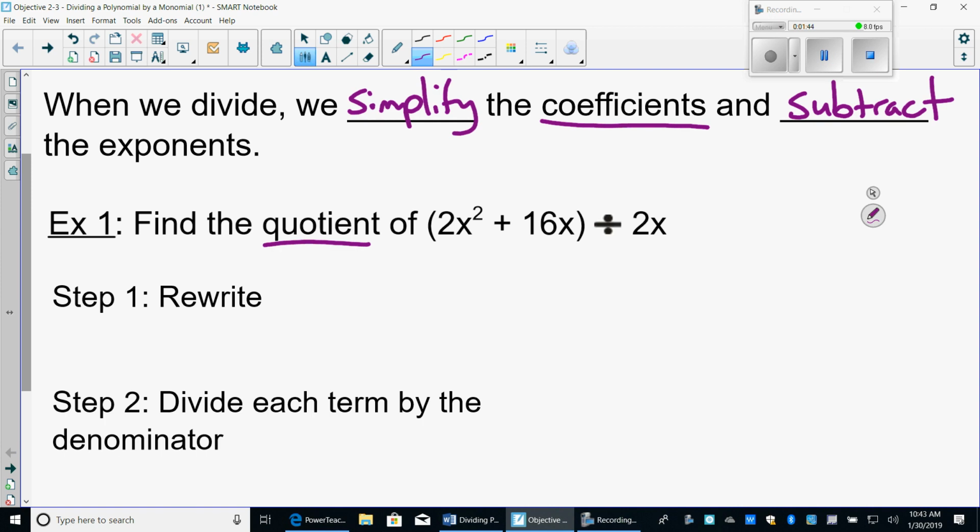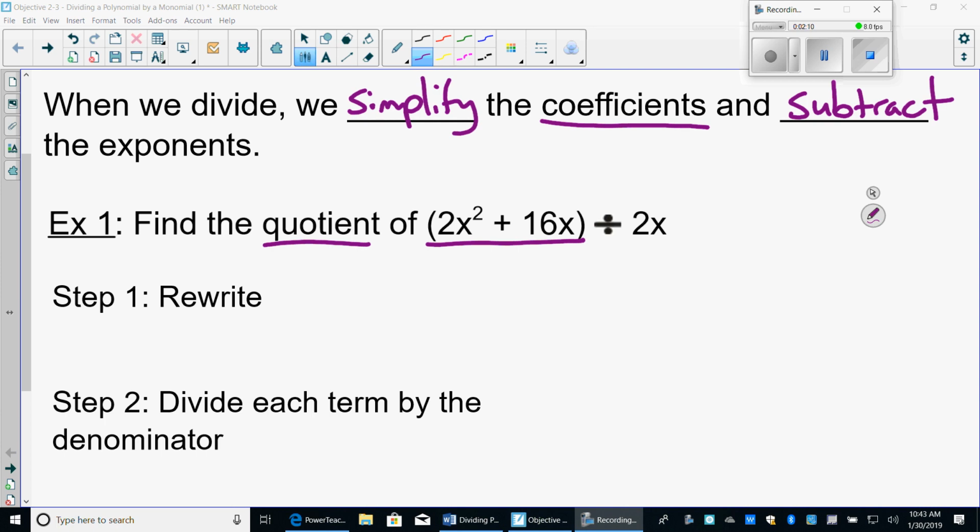Okay, so step 1, you're going to rewrite your problem. We're going to write it like a fraction, okay? My question is what's being divided by 2x? Is the whole thing being divided by the 2x, or just the 2x squared being divided by the 2x? The whole thing. So here we go.